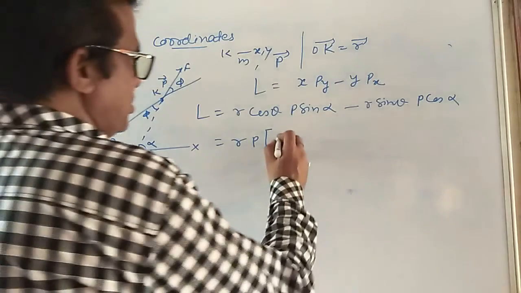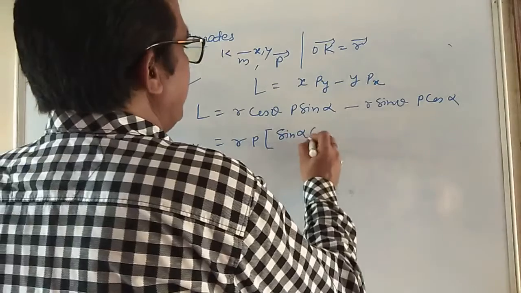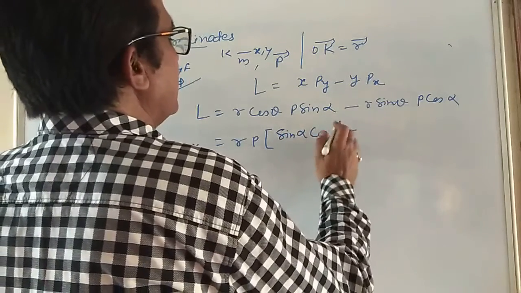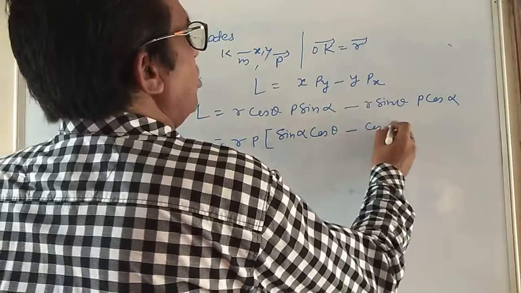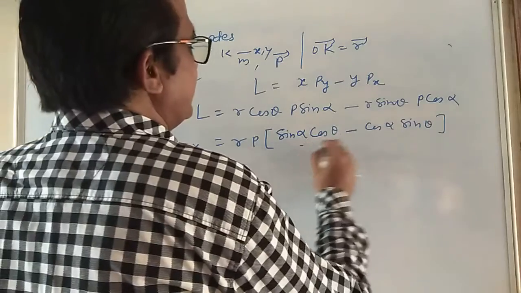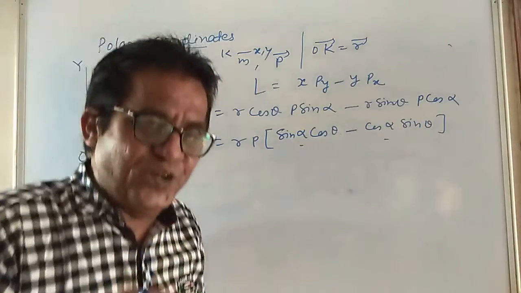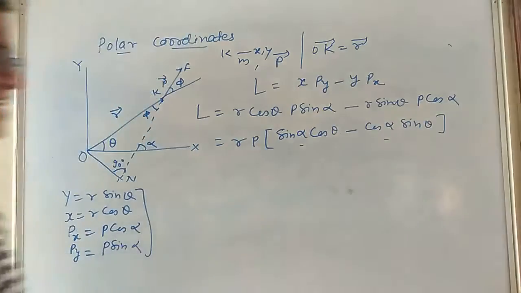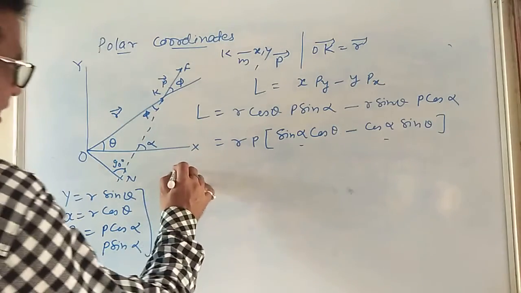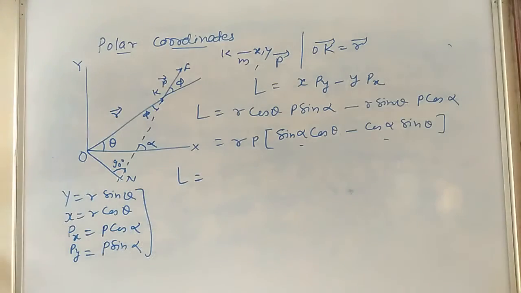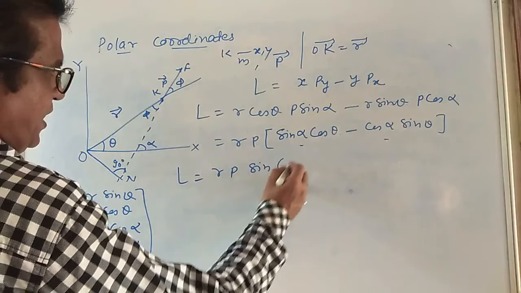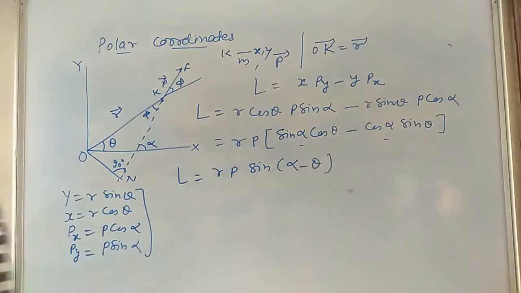Sin alpha cos theta minus cos alpha sin theta. What is this? Sin A cos B minus cos A sin B, that is sin of A minus B. That is L is equal to, I can write, RP sin of alpha minus theta.